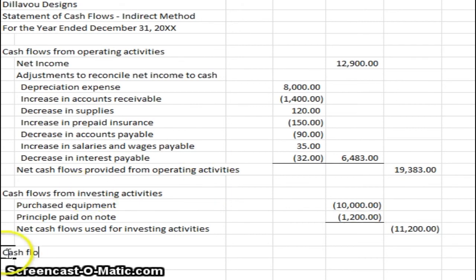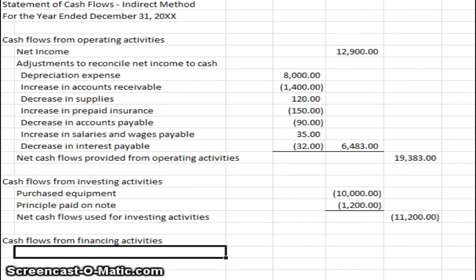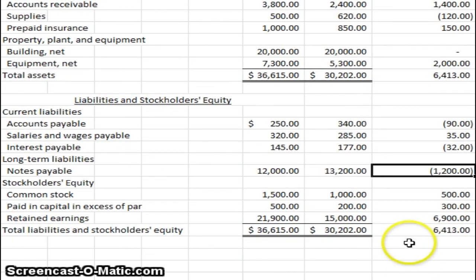All right, cash flows from operating, let's not go backward. Sorry, from financing activities. So now we're going to go and look for anything dealing with our equities down here.